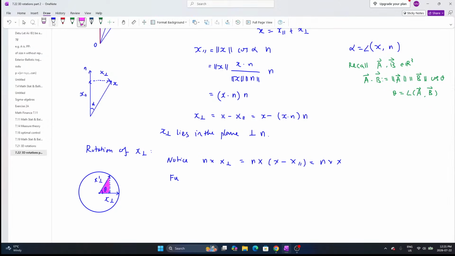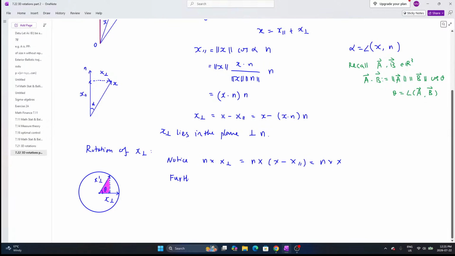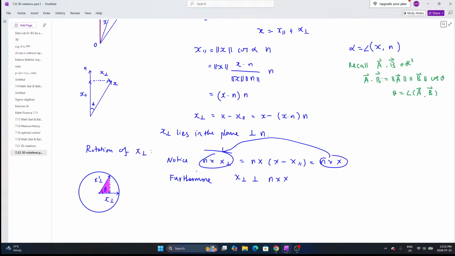Furthermore, x perpendicular is perpendicular to n cross x, simply because n cross x is the outcome of the cross product. The cross product is perpendicular to both arguments it takes the cross product of.